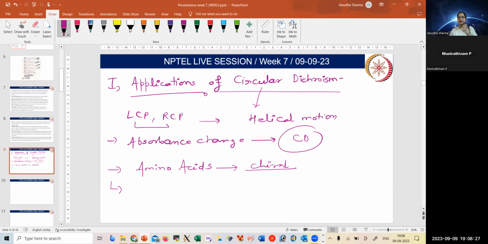Because the basic structure of our biological system, DNA, RNA, comprises peptide bonds and these units, amino acids, proteins, etc. That's why we wanted to understand how we can use CD spectroscopy to learn about the structures of DNA, RNA, the different forms they can have, and their unit, protein.